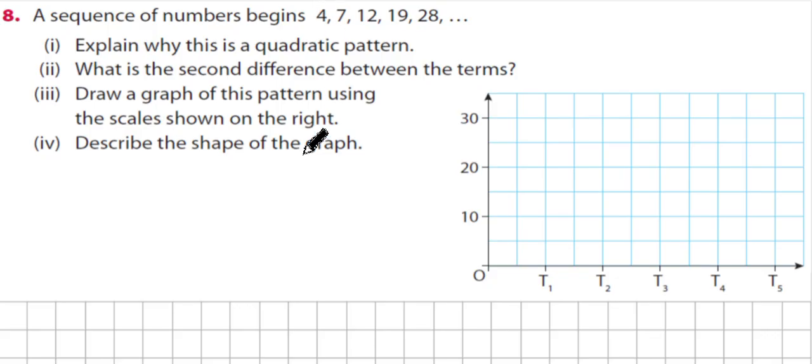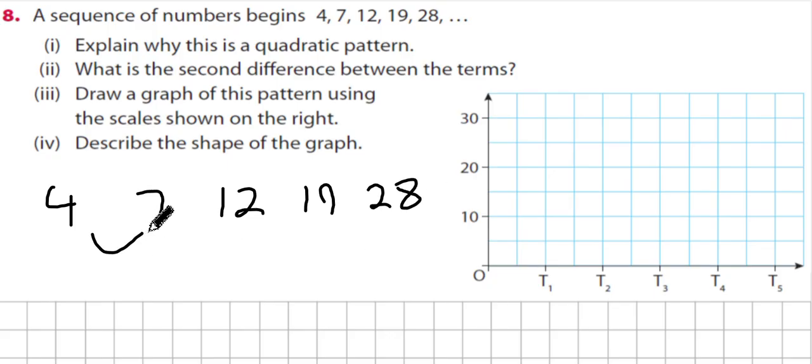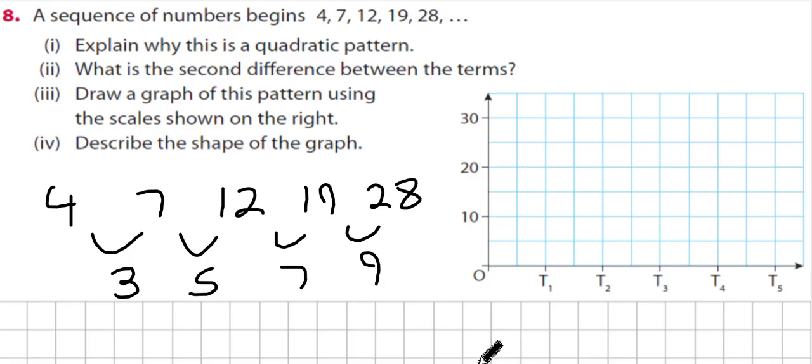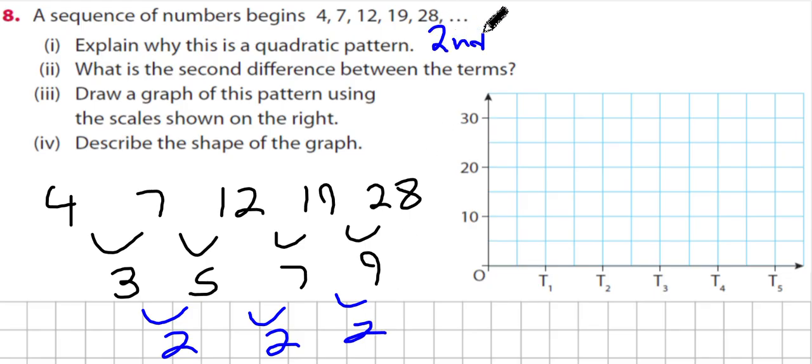What I'll do is, first of all, why is this one a quadratic pattern? What's the reason we want to use? First difference is not the same, but the second difference is the same. Second difference is constant.